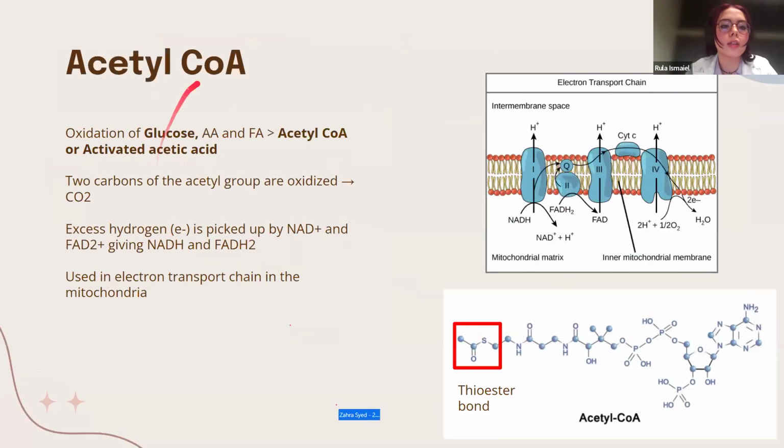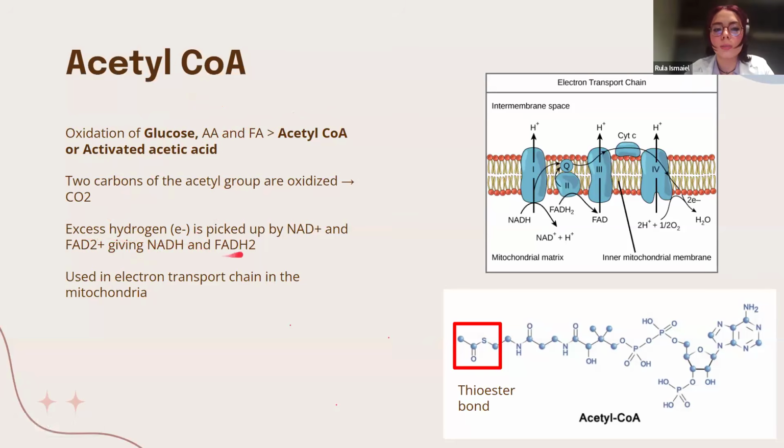Then you have Acetyl-CoA. Oxidation of glucose is what we're focusing on for this session specifically. 2 carbons of acetyl group are oxidized and it makes carbon dioxide, okay? 2 carbon dioxide, sorry.